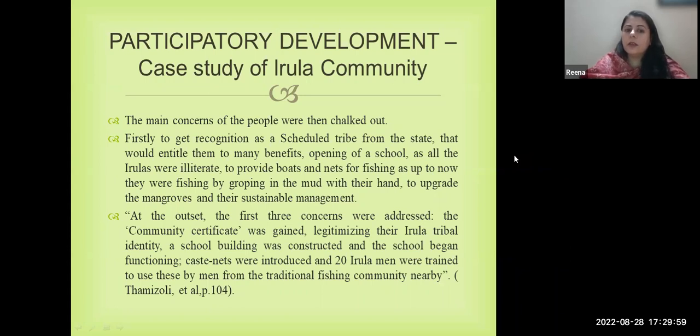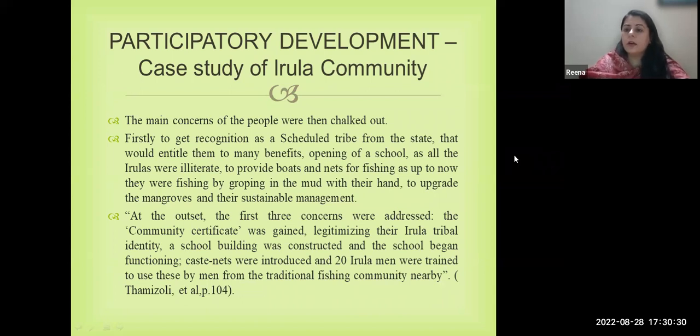So to upgrade this, they were informed about the various means by which they could take the products from those mangroves, like fish or crabs or the local aquatic food which they were extracting, in a sustainable manner, not in an unsustainable manner.